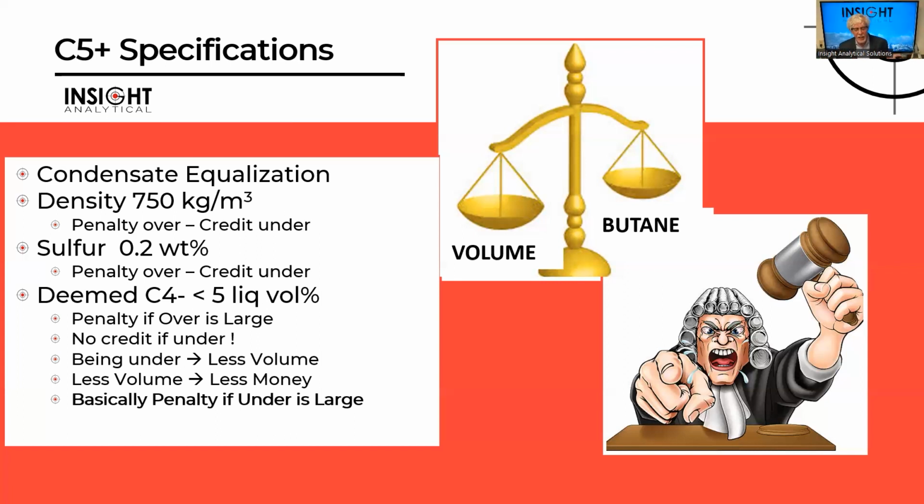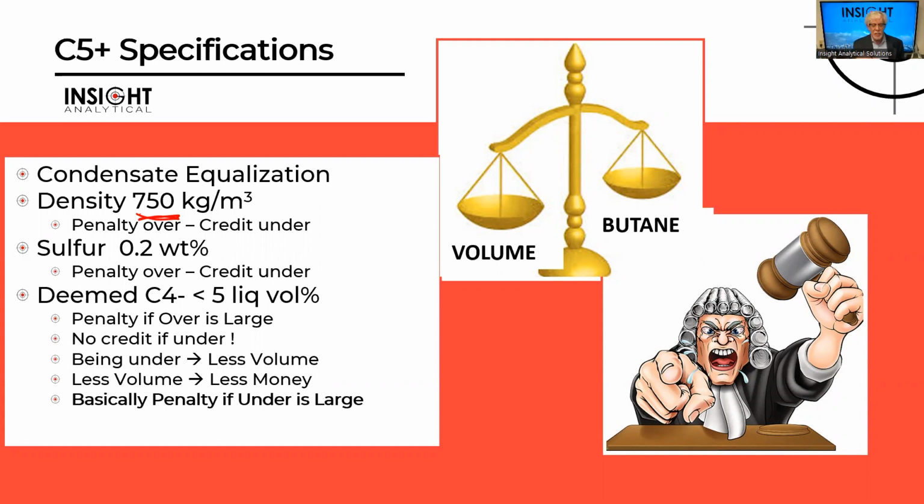The main specifications we look at for condensate are its density, and the spec is 750 kilograms per meter cubed. If your condensate is more dense than that, you'll pay a penalty, or they'll reduce the value that they pay for the condensate. But if you're less dense than that, you'll actually get a credit. So there's no benefit to you to necessarily try to make your condensate more dense, because you actually get a credit if your condi is light.